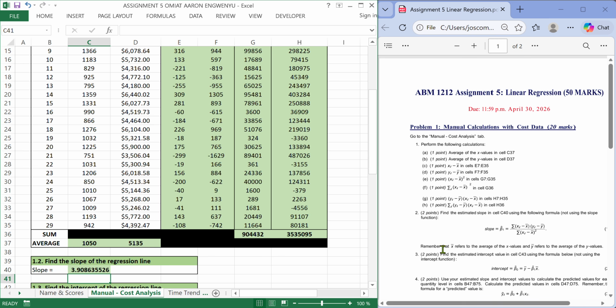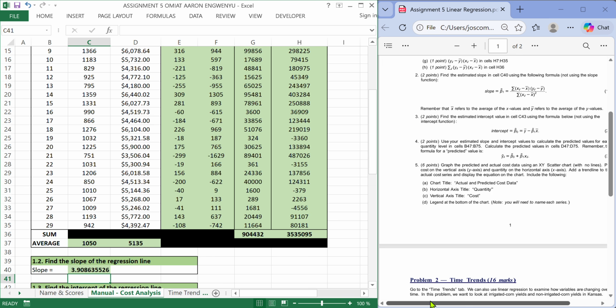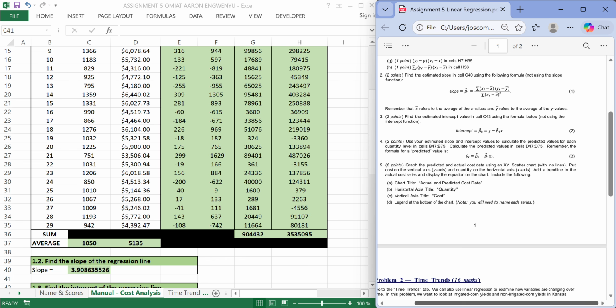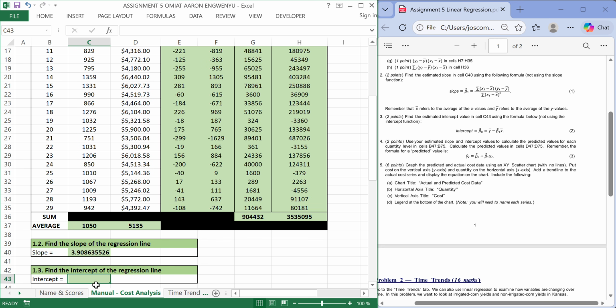Then the next thing, remember that x bar refers to the average of x values and y bar refers to the average of the y values. That much is obvious. Moving forward, this is b1 we have got, right? So we're going to find the estimated intercept value in cell C43. Same concept. I'm not going to look for it, I come and type here, it takes me to cell C43, and we said it's y bar minus the product of b1 and x bar.